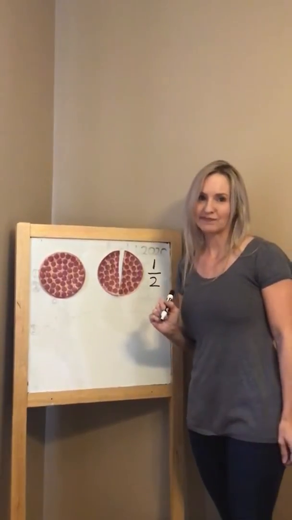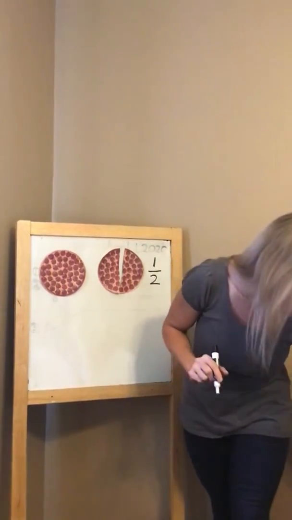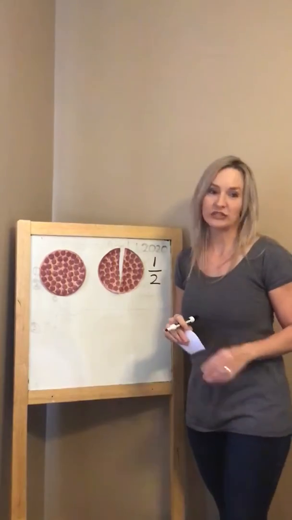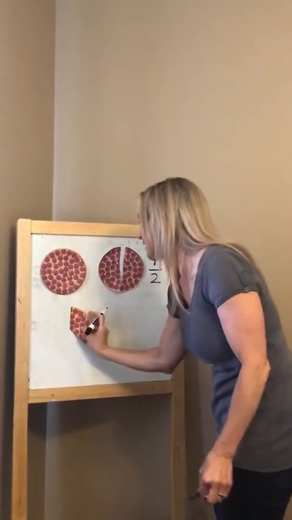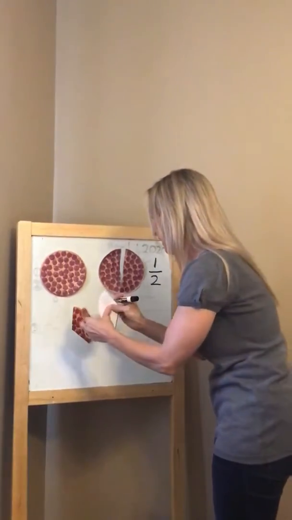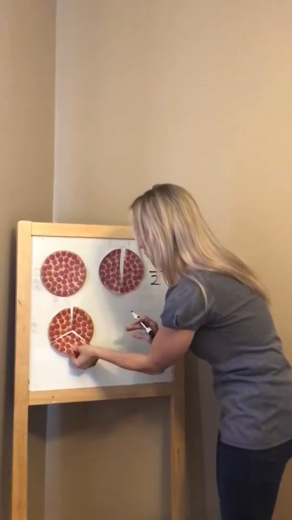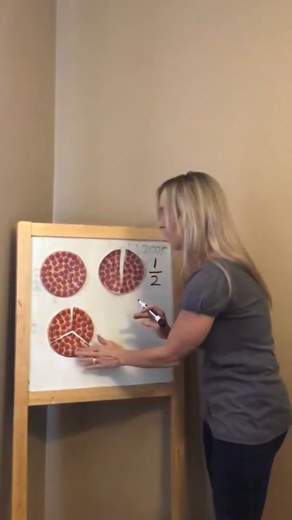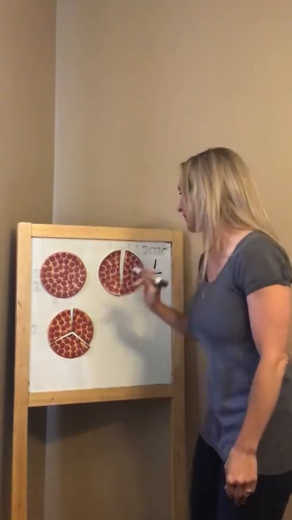Okay, well guess what? They're soon both going to be upset, Micah and Seth, because Isaac's hungry too. I'm going to have to divide my pizza into 3 equal parts, okay? When I divide my pizza into 3 equal parts, I have what is called thirds. Let's remember how we write thirds, okay?